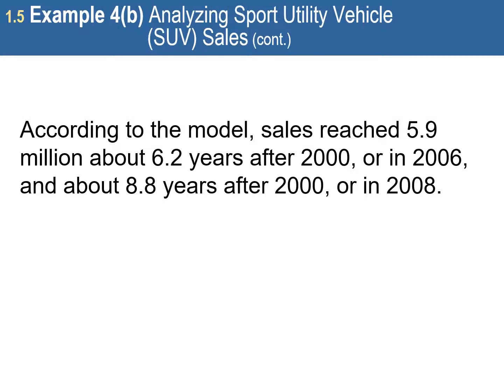So according to the model, sales reached 5.9 million about 6.2 years after 2000, or in 2006, and in about 8.8 years after 2000, or in 2008. Now you remember they said round down to the nearest year. So we're going to round the 8.8 down to 8.